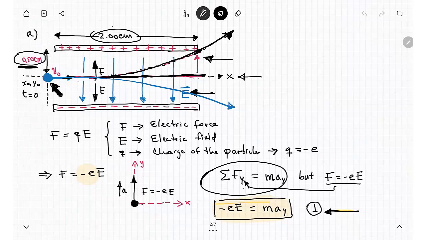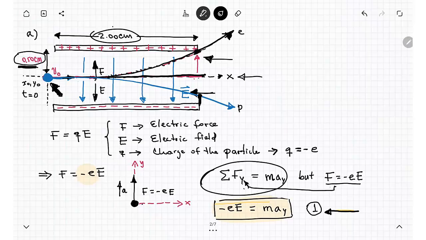the particle, this is the proton and this is the electron, and see the difference. It goes really close to the upper plate, but this one still has this distance, okay?